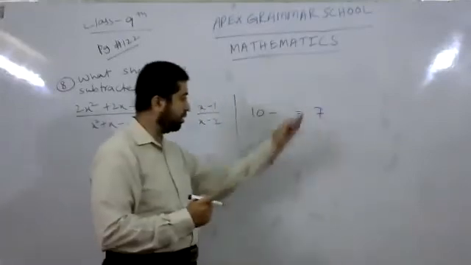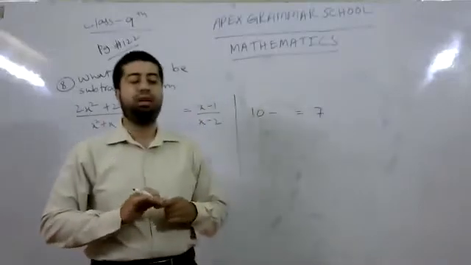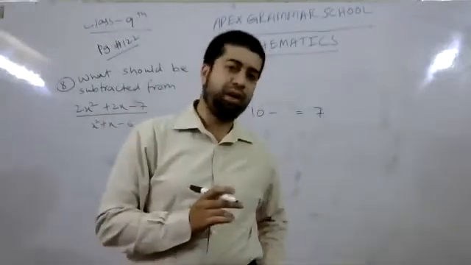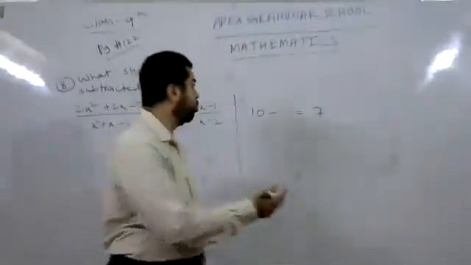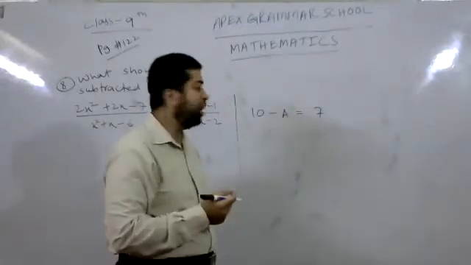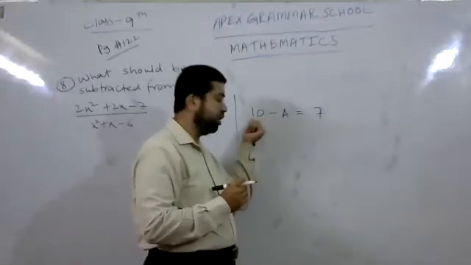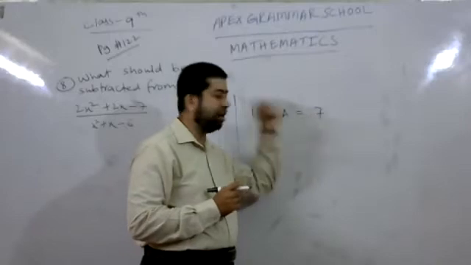We have the answer 7, we have a bigger number 10, so we must know which number we should subtract from it. To find that number, we suppose that this number is a or x, whatever. We need to find the value of a, that which number should be subtracted from 10 so we can get the answer 7.